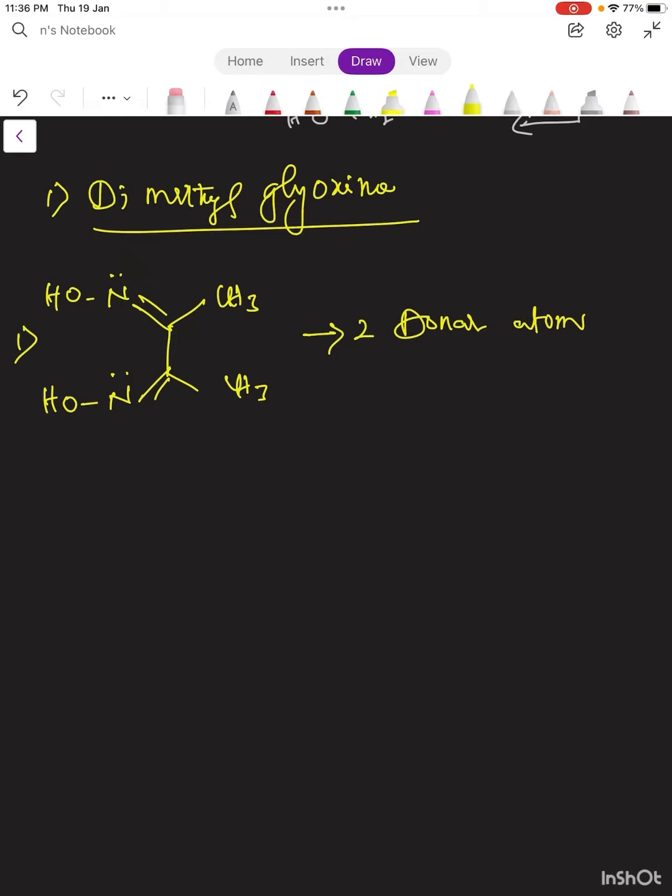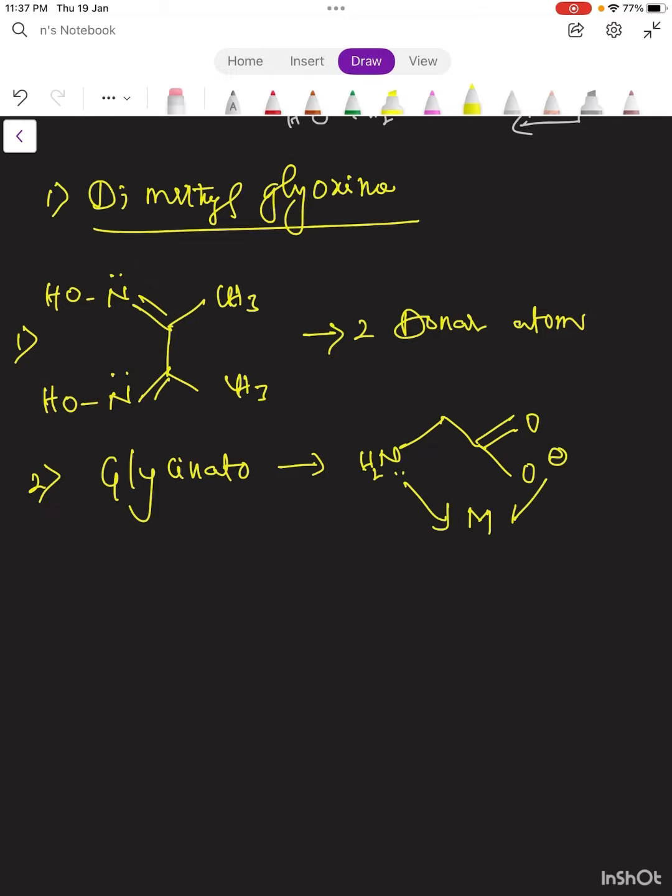Next, coming to the second one, glycinato. Its structure is O minus, NH2. So here nitrogen will donate electrons to the metal atom, and oxygen is also donating. So here also we have 2.